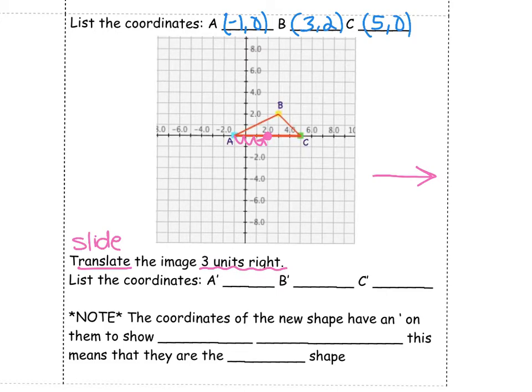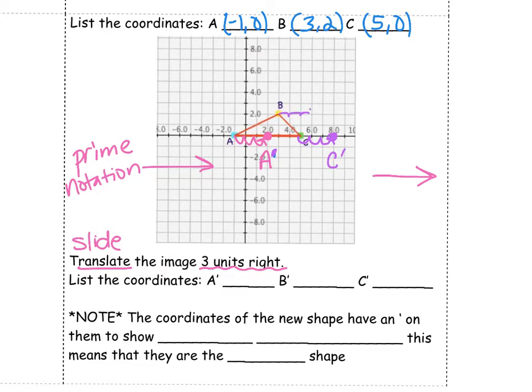When we note the new point, the new A, we call it A prime. That is called prime notation. And you have to make sure you put that little apostrophe mark, tick mark, or it's called a prime symbol, to show it's the new point. C is going to move 3 to the right, so this is my new C, or C prime.